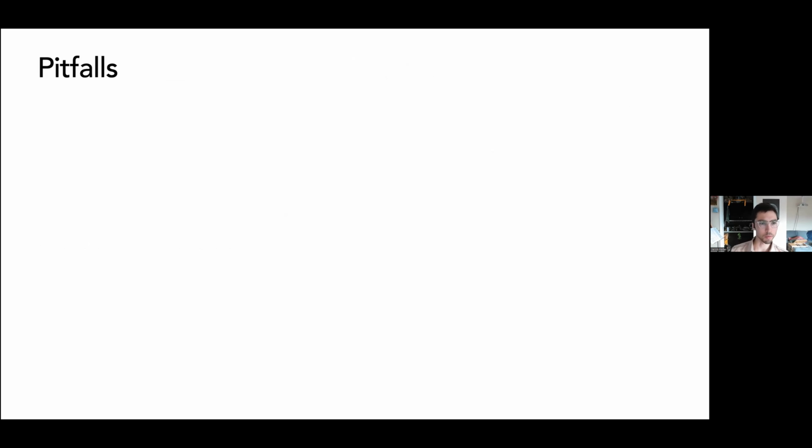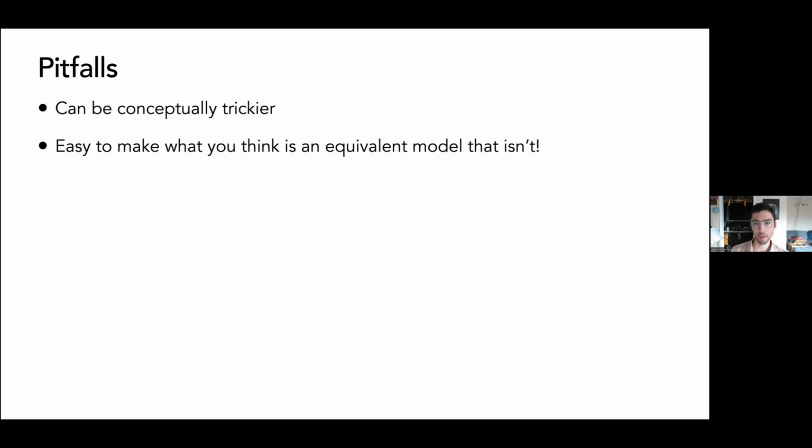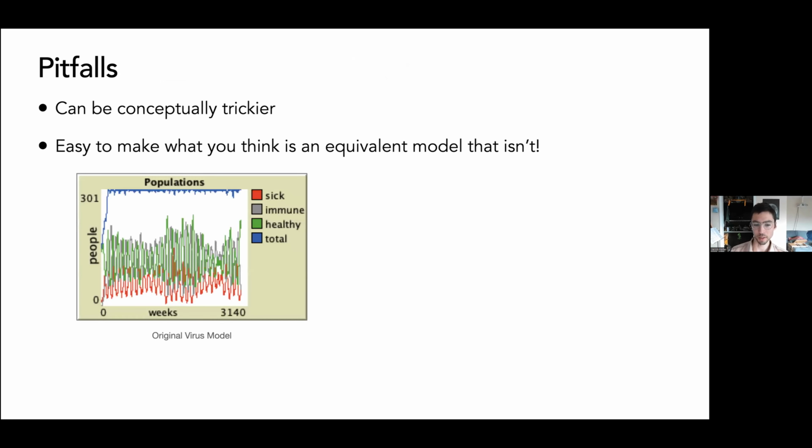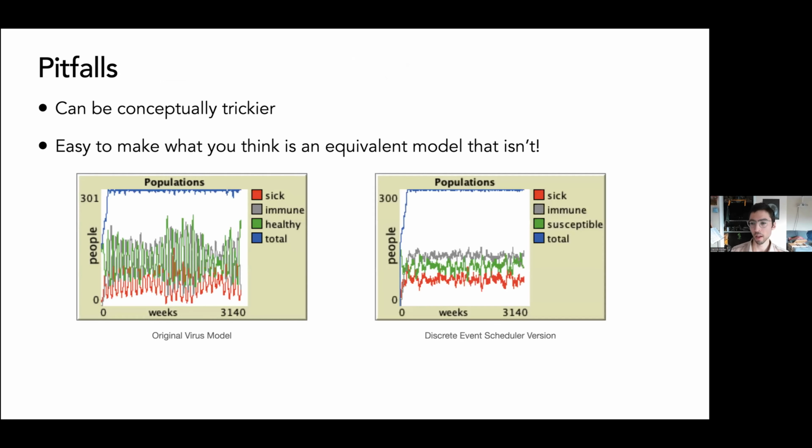A few potential pitfalls. On the flip side, it can be conceptually trickier sometimes to use this type of scheduling. And it's also easy to make what you think is an equivalent model that isn't actually equivalent. So in this example, here's the original virus model, and here's the discrete event scheduler version.